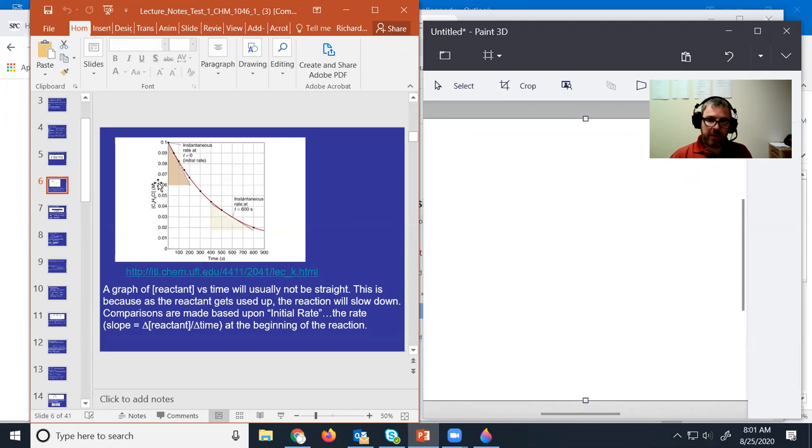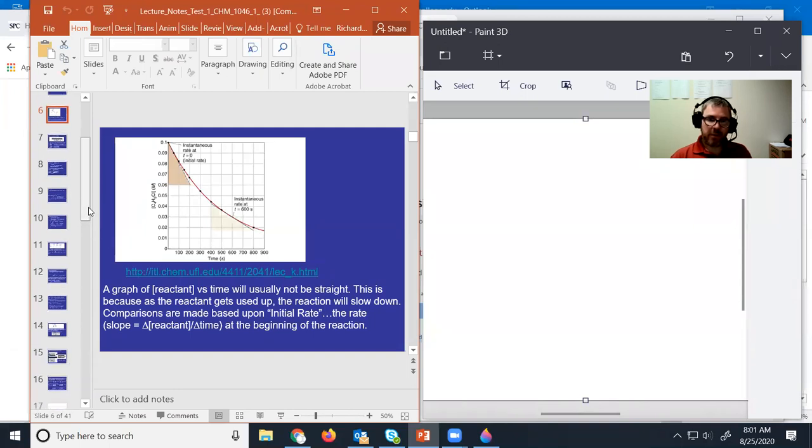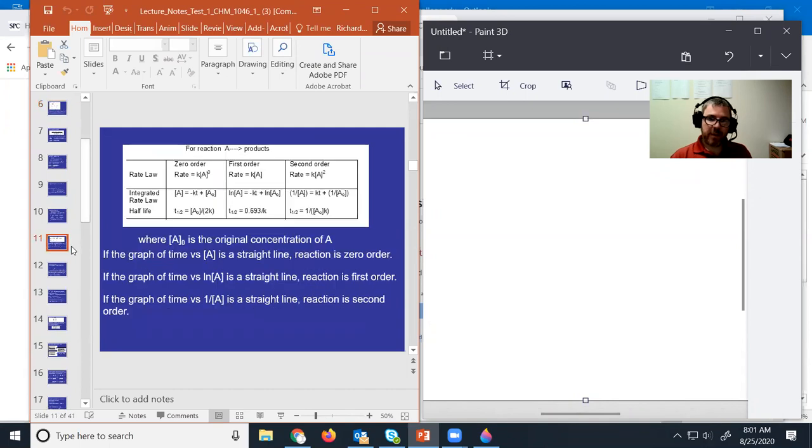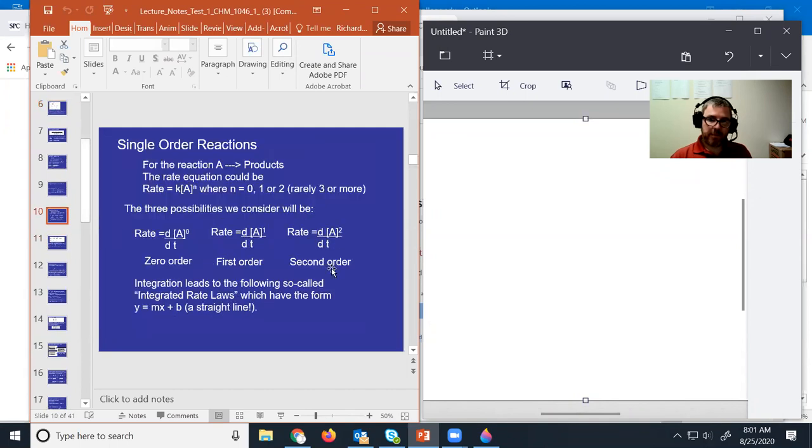What we have here is a situation where this is disappearing. So how quickly it's disappearing will determine what order the reaction is going to be. And we can actually do some math here. It's a bit different to what we looked at earlier in order to figure out if we've got a zero, a first order, or a second order process.